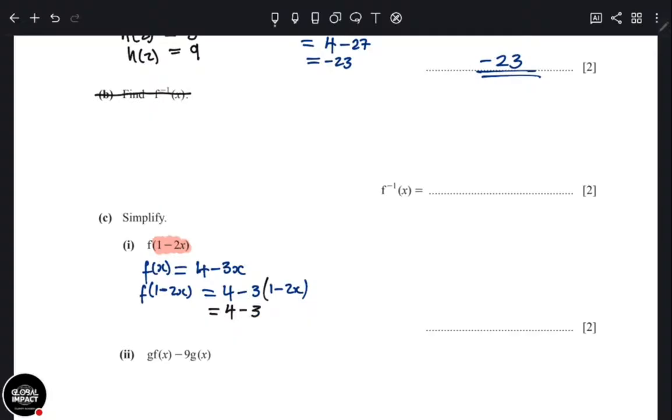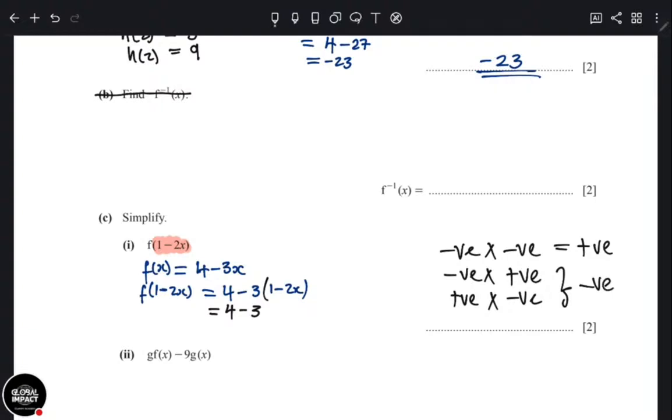It doesn't change. Then now we have minus 3 times a minus here. When negative multiplies negative, you will get a positive answer. But when negative multiplies positive, or when positive multiplies negative, you will get negative answers. When do you get negative?